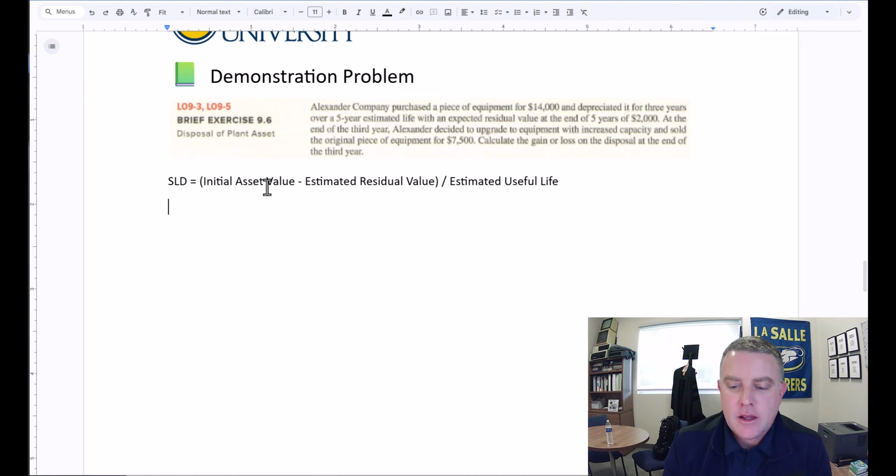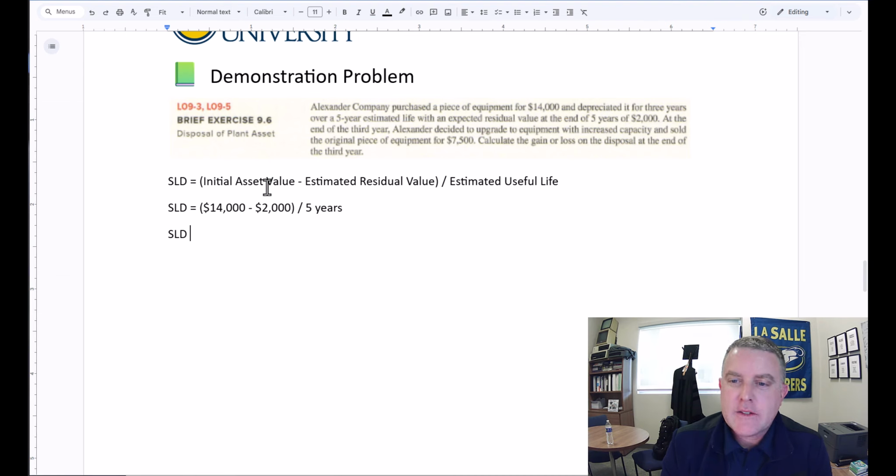So for this company, the straight line depreciation on this asset was equal to $14,000 minus a residual value of $2,000, and that asset was expected to last 5 years.